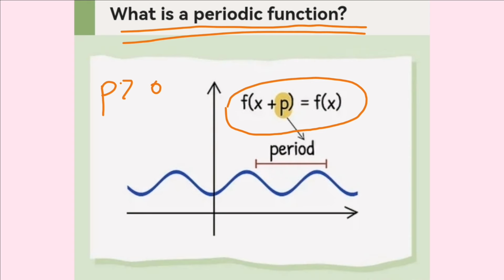In this graph, the period is from this point to this point. This is the period, which is 2 pi. It means a periodic function repeats its values in its own period.